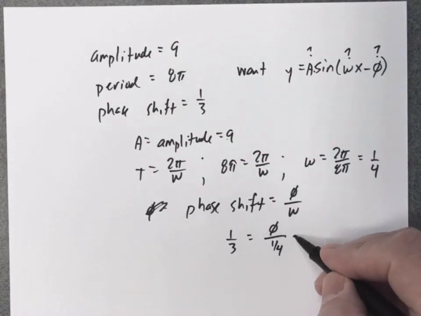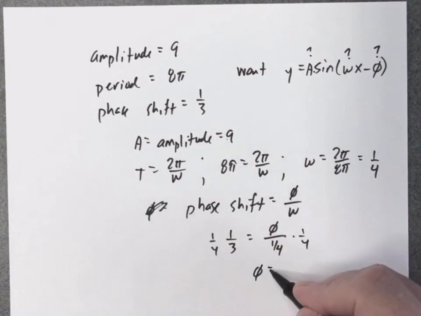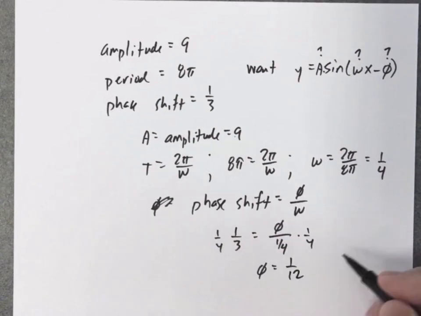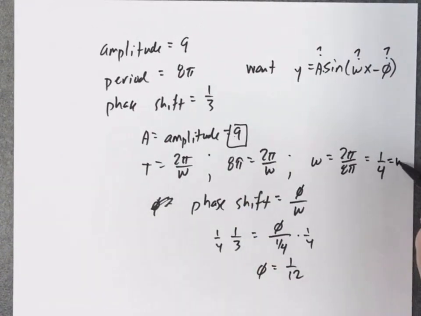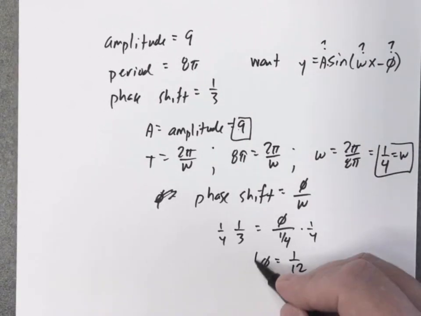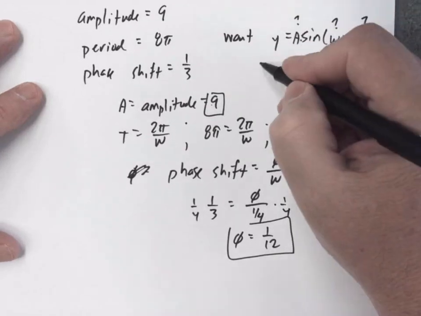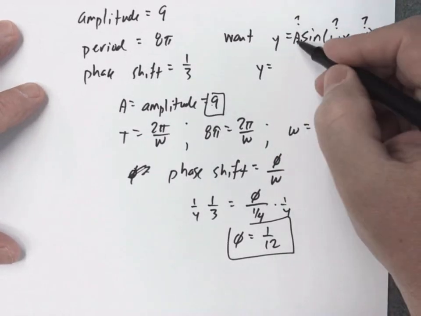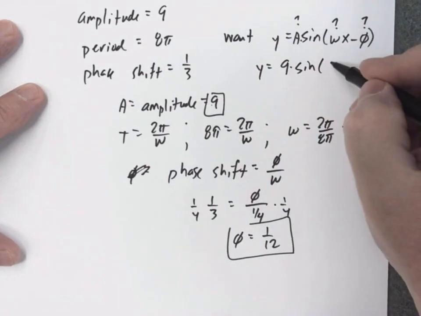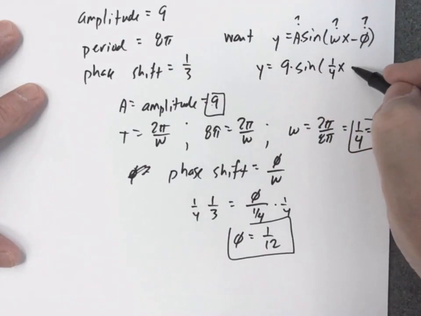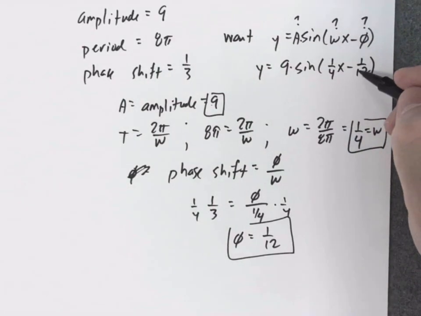If I multiply both sides by 1/4, you get phi equals 1/12. So now there's A, there's omega, there's phi. I plug all those into here. Maybe I'll just do it up here. So A is 9 sine, omega's 1/4 x minus 1/12.